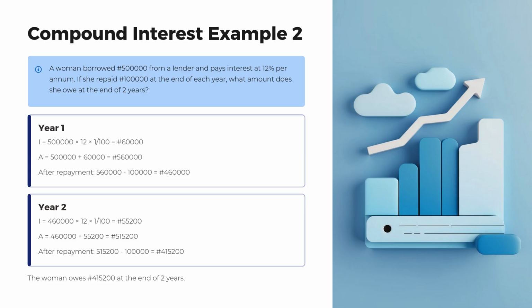Amount equals 515,200 naira. Step 3. Subtract the second repayment. New principal equals 515,200 minus 100,000. New principal equals 415,200 naira. Final answer. The woman owes 415,200 naira at the end of 2 years.